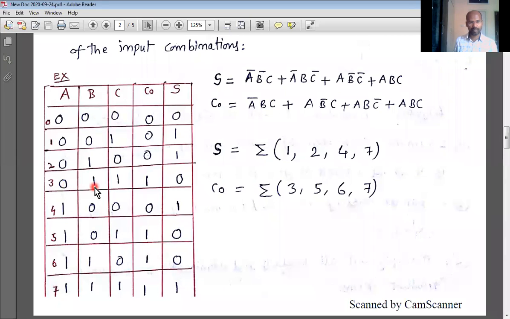A bar B C, A B bar C, A B C bar, and for this one A B C. After summing up all the true minterms, what we get is a valid canonical sum of product.